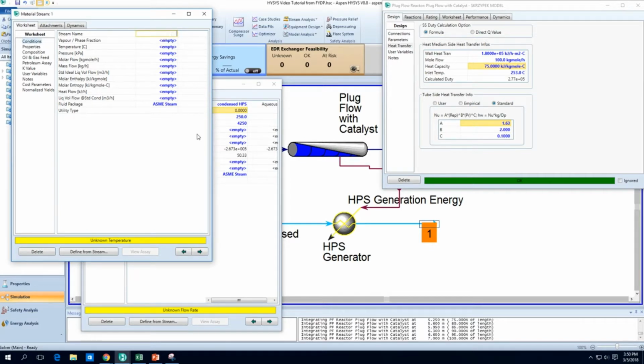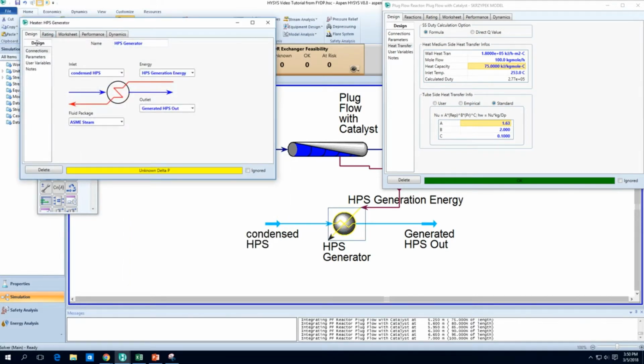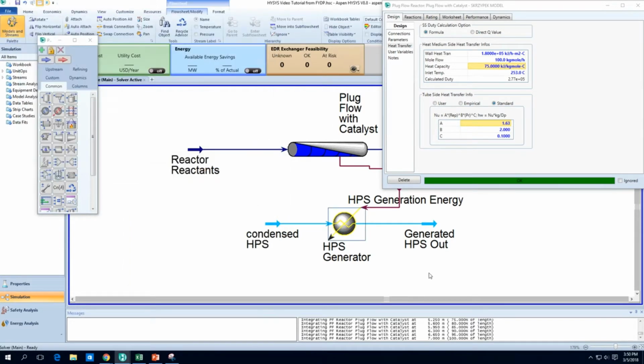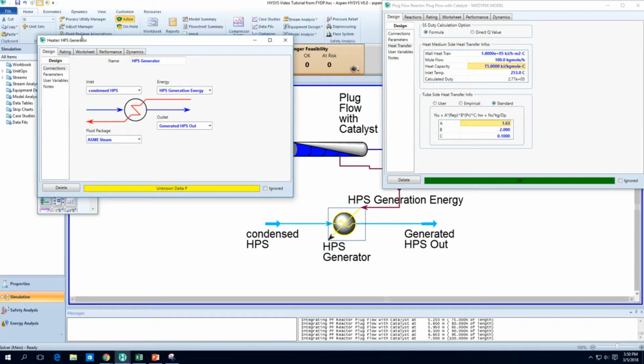So I'm going to do the outlet stream, generated HPS out, and it's going to be one phase vapor fraction. I'm going to put all of it as vapor, saturated vapor, and I'm going to close. I was closing this generated HPS. I'm going to the HPS generator.